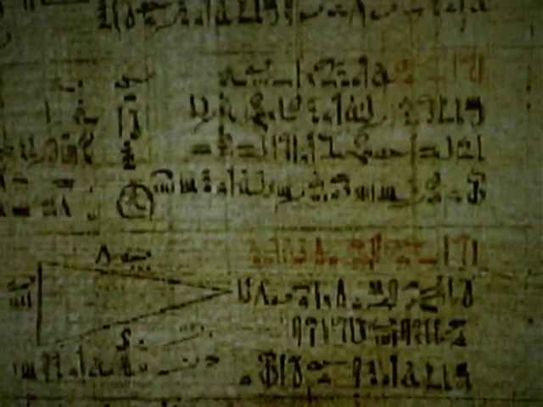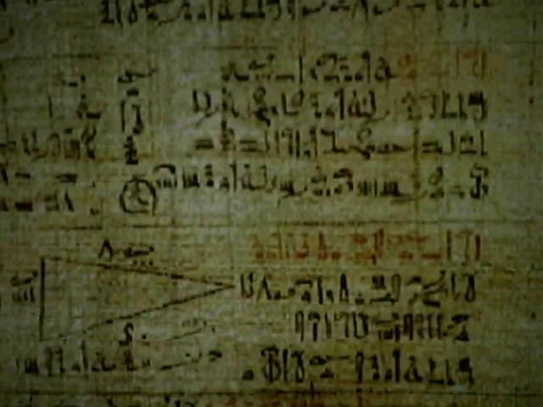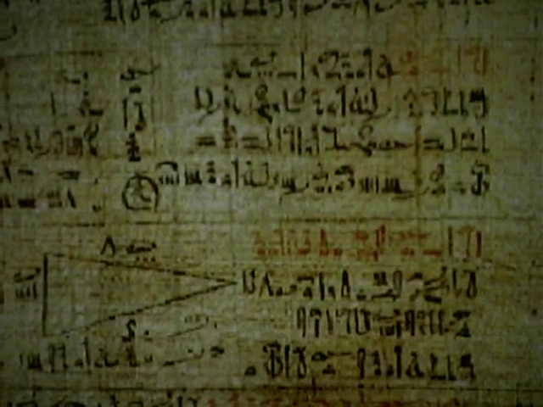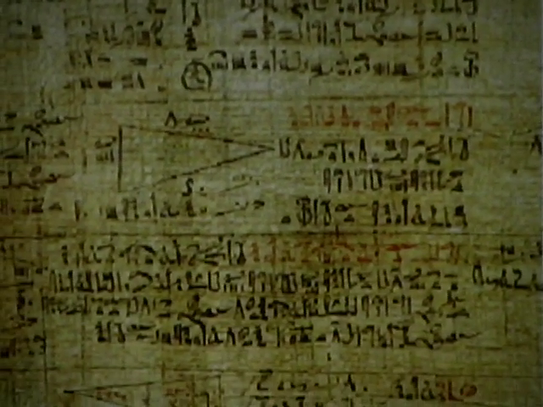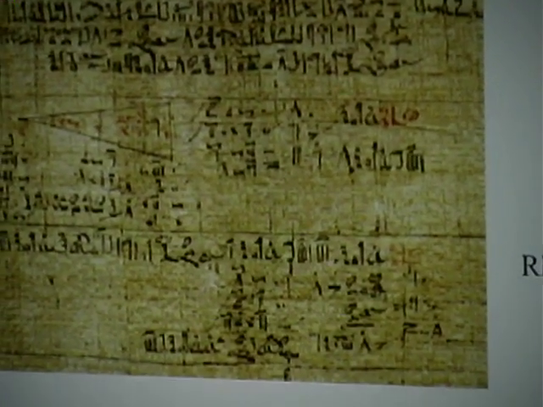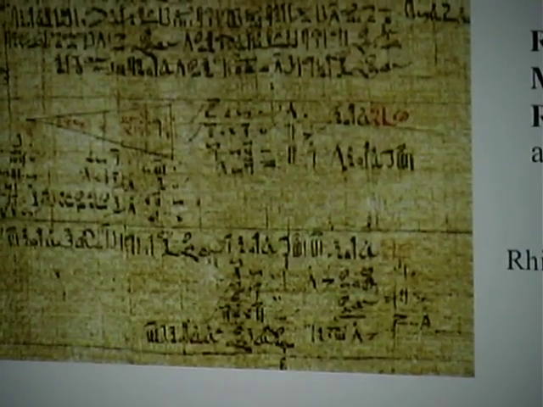There are the Moscow papyrus, or Eisner papyrus, and others. This Rind papyrus, named after the gentleman who purchased it, is dated to about 1680 BC, and it's known to be a copy of a much older document.